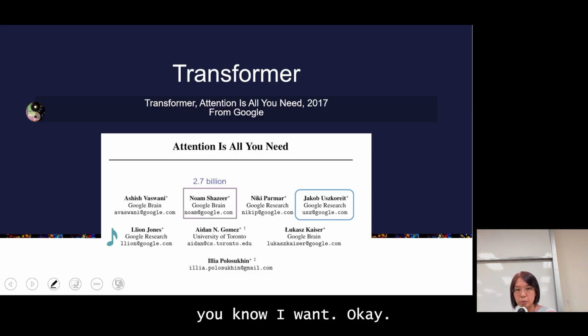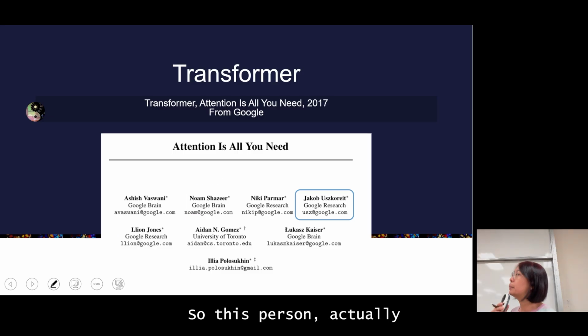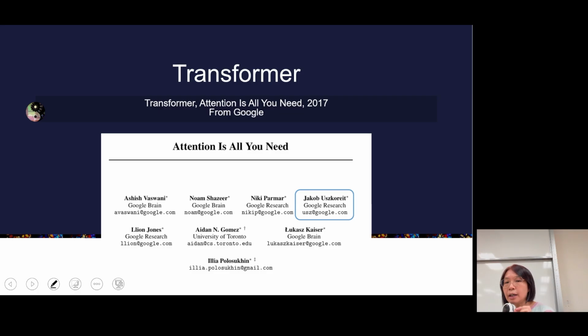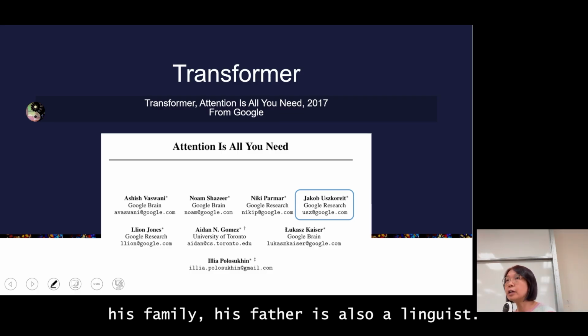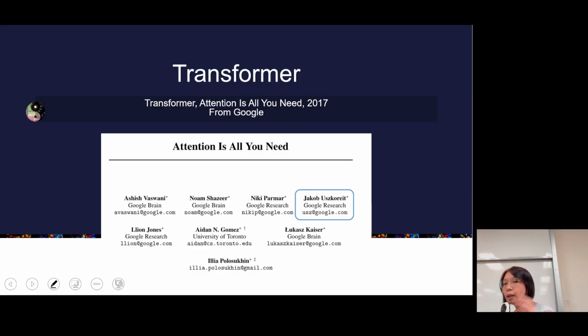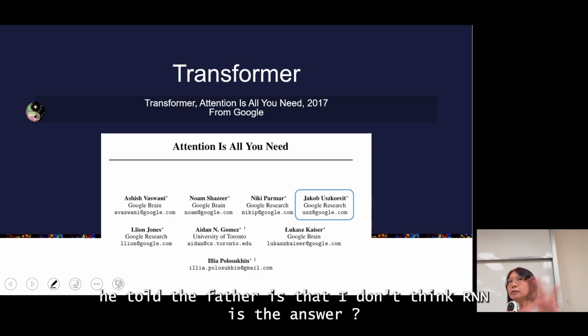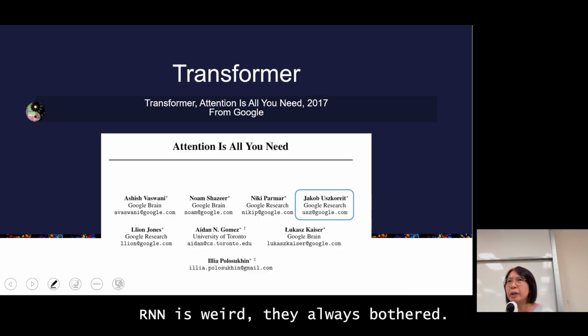This person's father is also a linguist. His father is very senior compared to the son, who is not that senior or famous. But he told his father, I don't think RNN is the answer. RNN is weird.